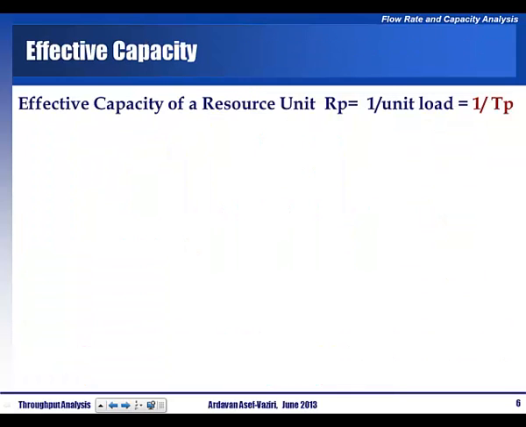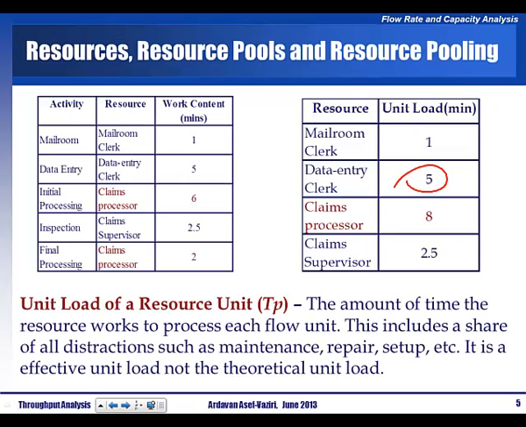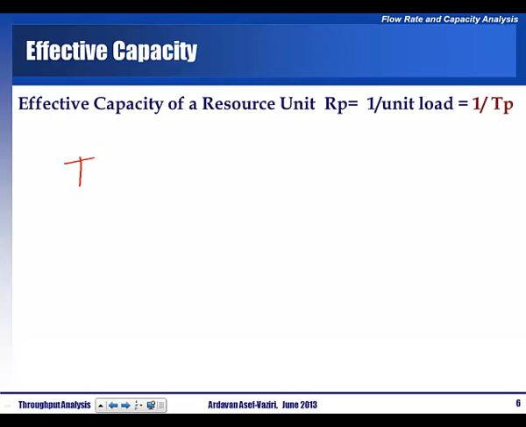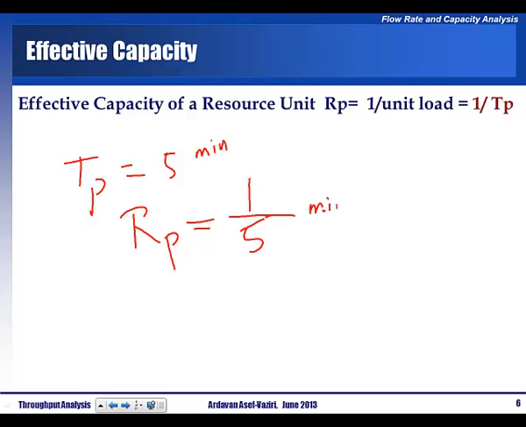For the resources, the unit load of each one in terms of minutes is given. Effective capacity, as we learned, is 1 over unit load, 1 over TP. For example, if TP for data entry clerk is 5, RP or capacity is simply 1 over 5 per minute, since this 5 was minutes.